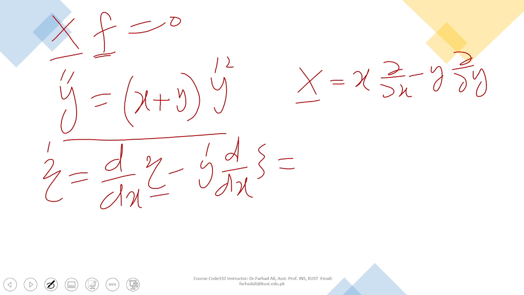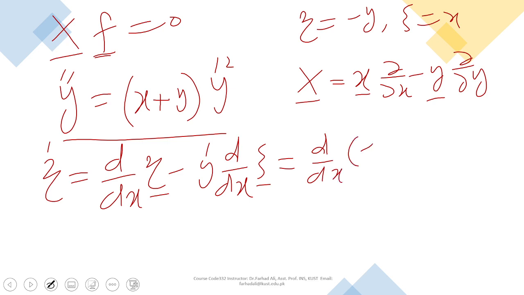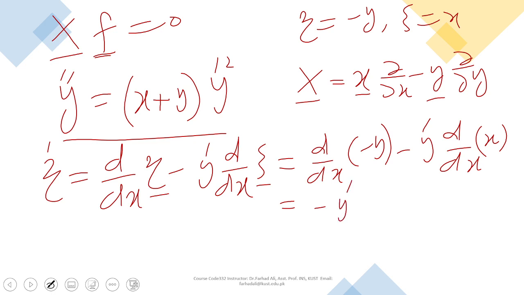So eta in my case is minus y and xi is x. So put it: d by dx of minus y minus y dash d by dx of x. So I get minus y dash and minus y dash, so that is minus 2y dash.